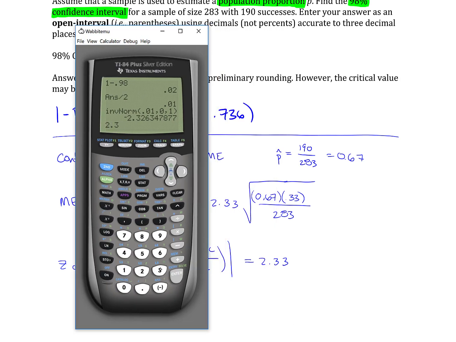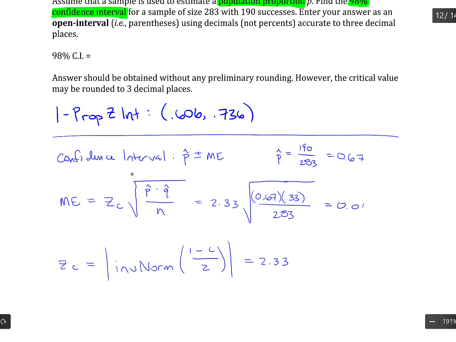So 2.33 times the square root of 0.67 times 0.33 divided by 283. So that's 0.065. Now, that is my margin of error.